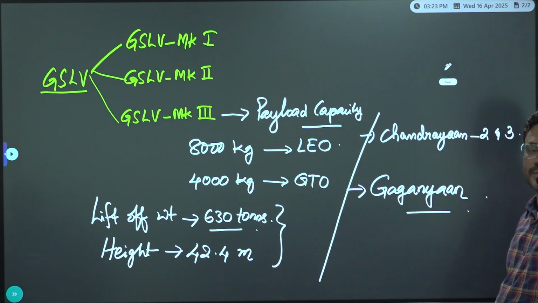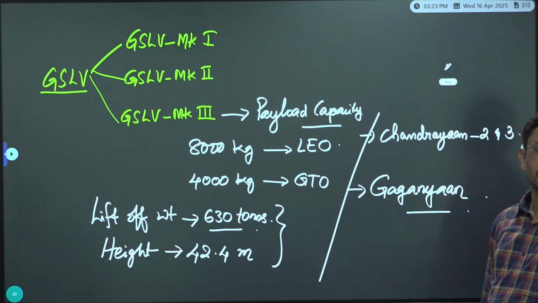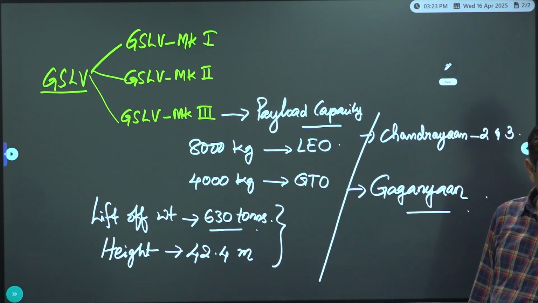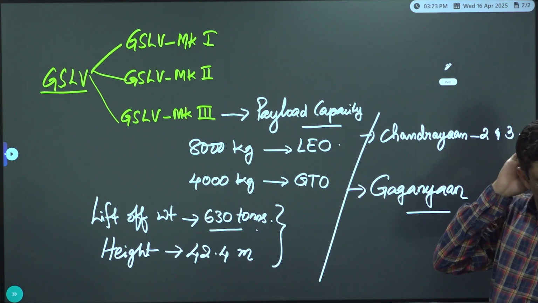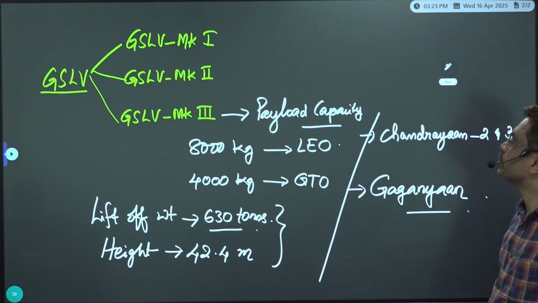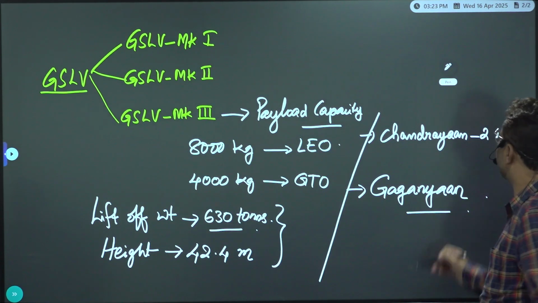The first IHSP, Indian Human Space Flight Program, Gaganyaan, is to be launched with the help of GSLV Mk3. Over. Next, SSLV.